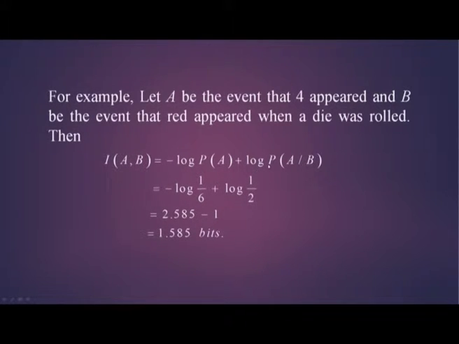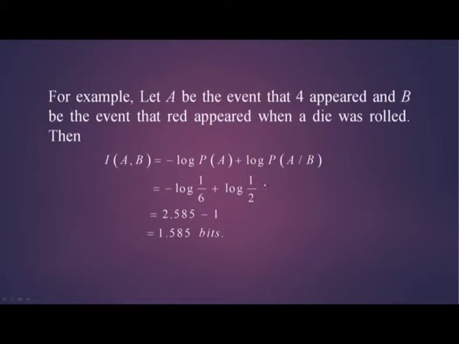And log probability of A given B. What is this? It is given that red has appeared. So, this event is given. In that case we will have only 2 possibilities 1 and 4.